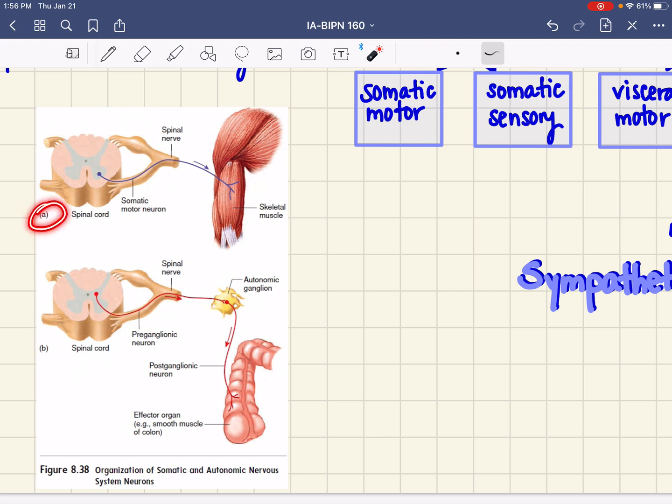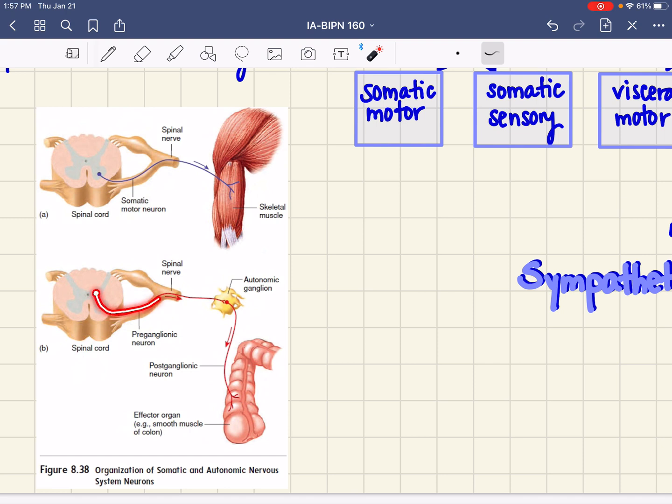So in part A over here, we see how this neuron is a somatic motor neuron. How do we know this? We know that this is a somatic neuron because we only see one neuron. In the autonomic or visceral nervous system, we see two neurons.